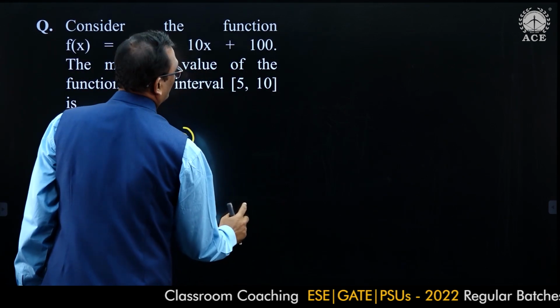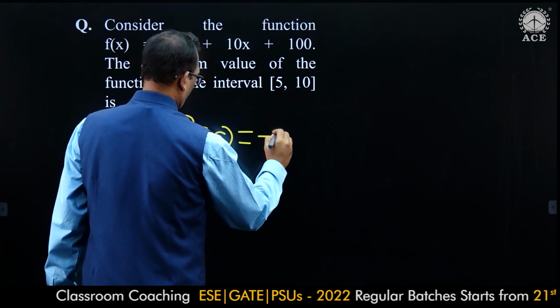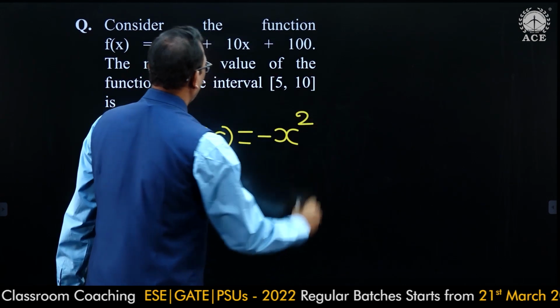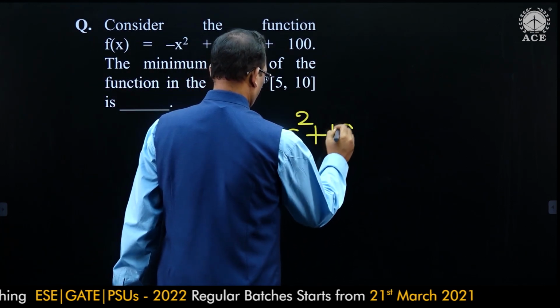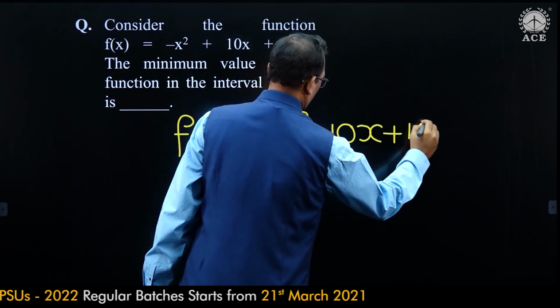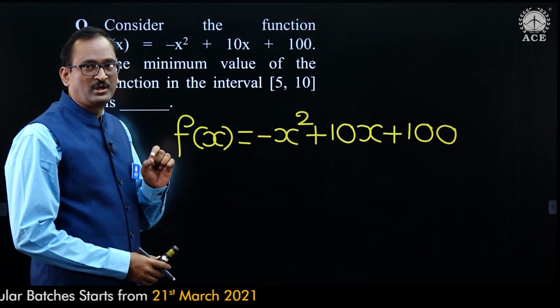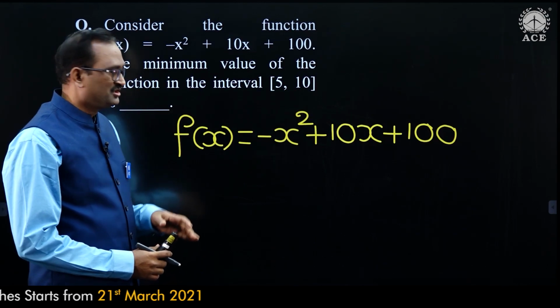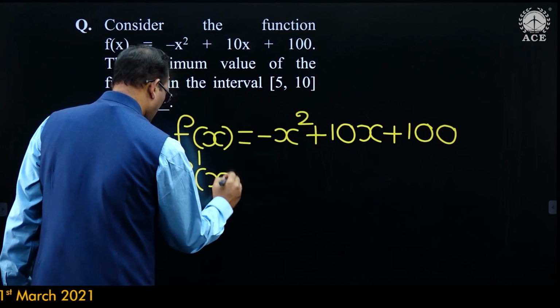F of x is equal to minus x square plus 10x plus 100. Let us find the stationary point, I mean critical point. To get the stationary point, differentiate this function with respect to x.